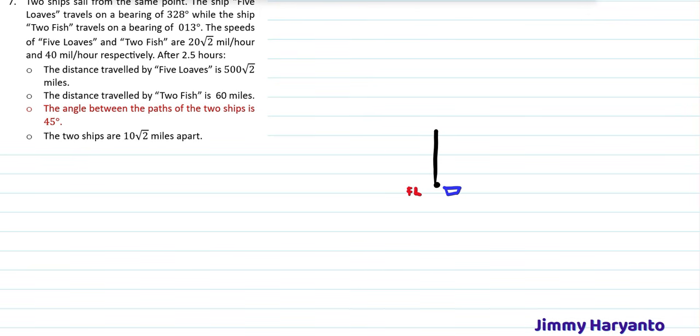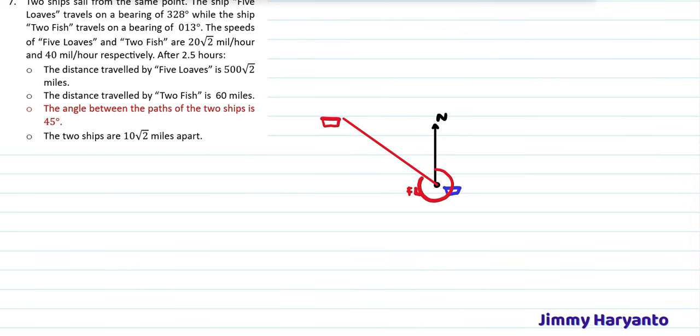First, because this is a bearing, you have to draw the north line, and then 328 will be this big, yeah. So the ship will be going there. Then for the blue, it's only 13 degrees, maybe this small, and it will be like that.